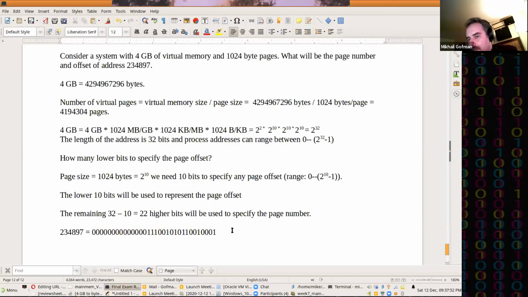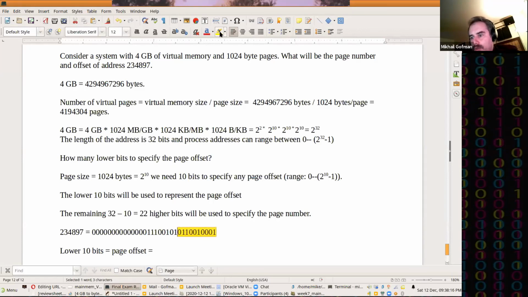So now, the lower 10 bits are going to be used to represent the page offset. So the lower 10 bits equal the page offset, which is 1, 2, 3, 4, 5, 6, 7, 8, 9, 10.